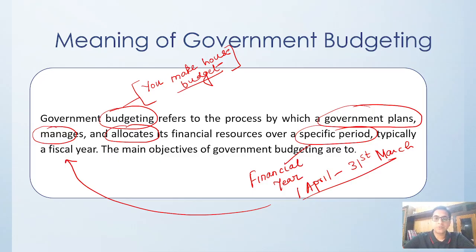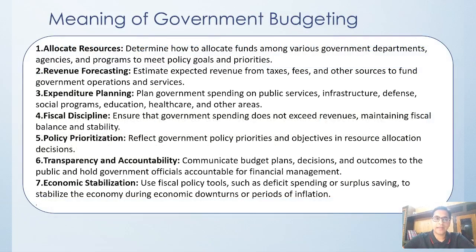So what are the main objectives of the government budget? First of all, government has a lot of money, and it wants to allocate these resources to various places like government departments, agencies, offices, and the many schemes that are running.